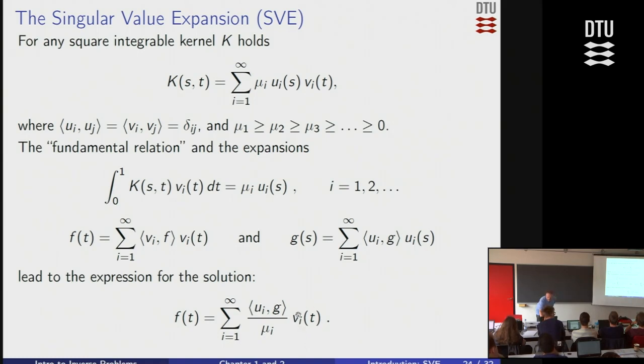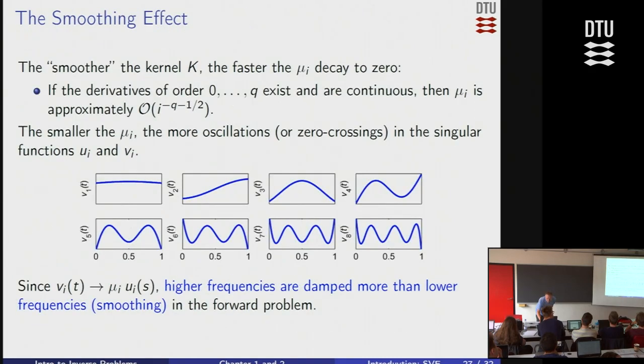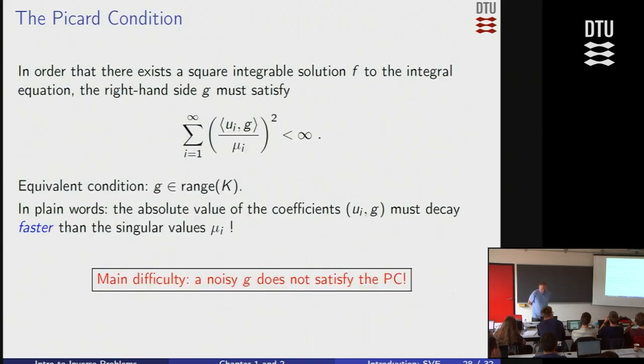So you see, higher frequencies are divided by smaller and smaller numbers, so in fact they are amplified more and more. Precisely as we would expect from the Riemann-Lebesgue lemma. So this is very important to remember, that we have this spectral property of the singular functions, and we're going to return to that many times. This particular behavior.